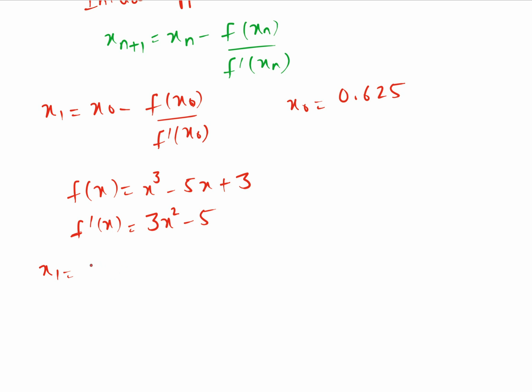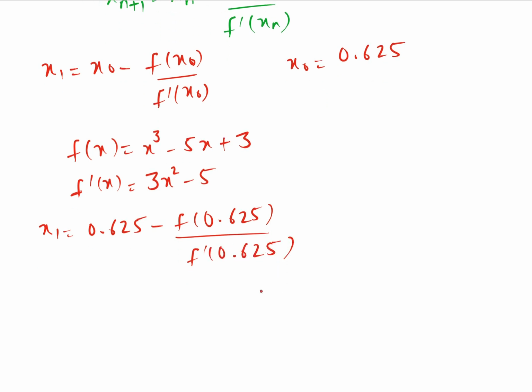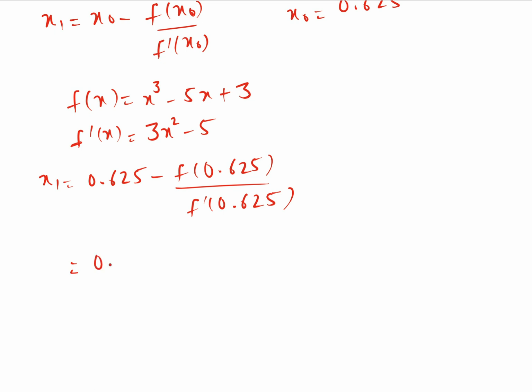So now we can go ahead and calculate our x1. x1 will be 0.625 minus f(0.625) upon f dash (0.625). We can use the calculator here. 0.625 cube minus 5 times 0.625 plus 3.